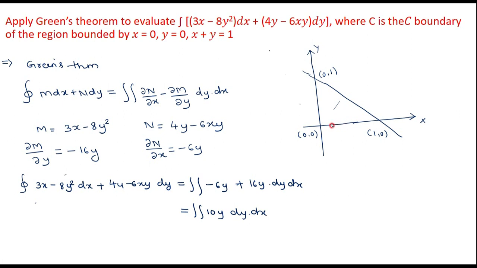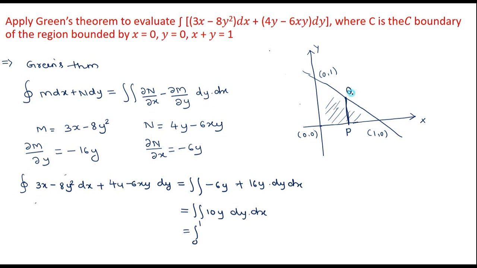To evaluate, we either keep x as a constant or y as the constant. Here I am going to take x as a constant. You can note that in the bounded region, x varies from 0 to 1, so the limits of x are from 0 to 1. Take a vertical strip PQ here.